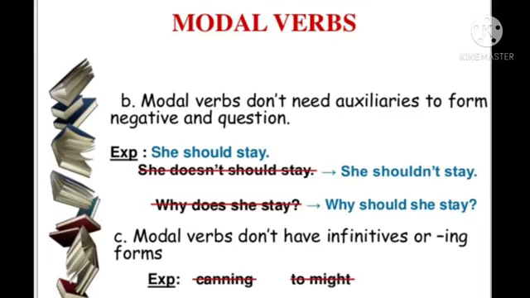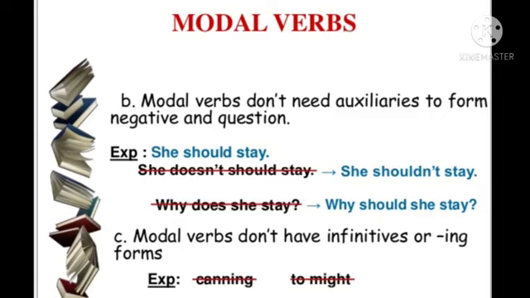Modal verbs don't need auxiliaries to form negatives and questions. That is, in order to make a negative or an interrogative sentence, if a sentence already has a modal auxiliary, it doesn't need the help of any primary auxiliary. Think of the sentence "She should stay." That is a positive sentence. If we want to make a negative sentence, we can simply say "She shouldn't stay."